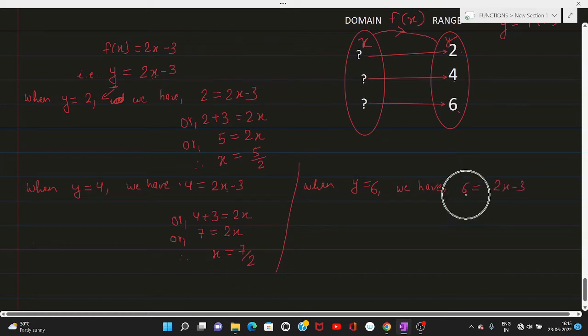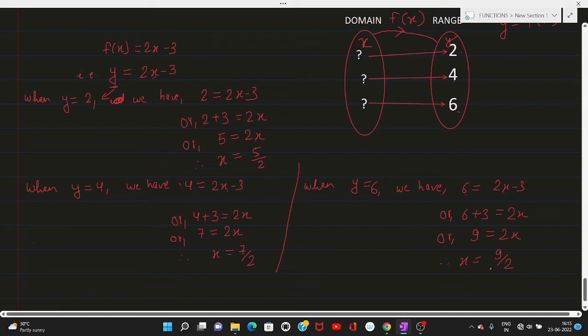This 6 has come by putting in place of y, and the right hand side is copied as it is. Now let's solve it for x. So, or 6 plus 3 equal to 2x, or it is 9 equal to 2x. Therefore, x is equal to 9 over 2.